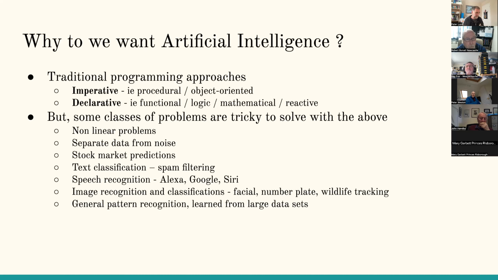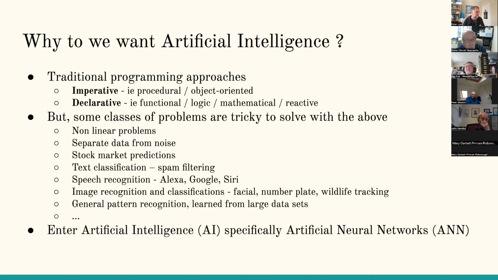Or really general pattern recognition, these traditional programming approaches can be used, but it's really hard to get it right. So artificial intelligence, or more specifically in today's talk, a branch of artificial intelligence called artificial neural networks, is a way that we can solve these types of problems without writing step by step on a computer how to try and solve them.